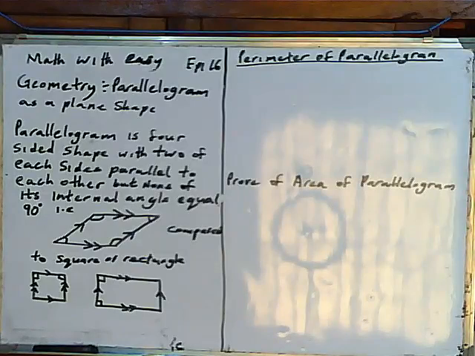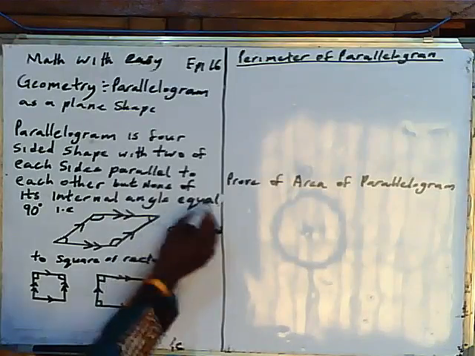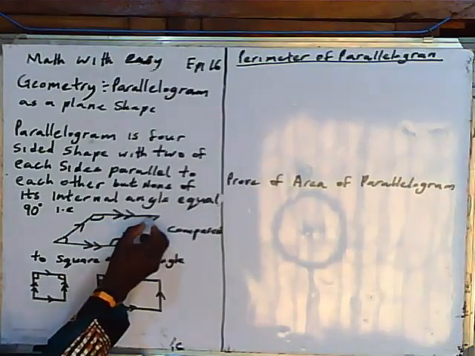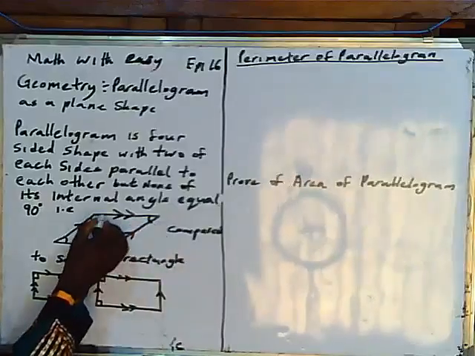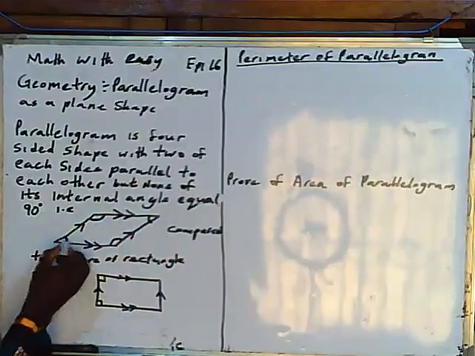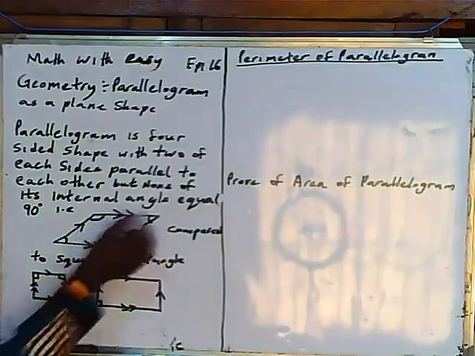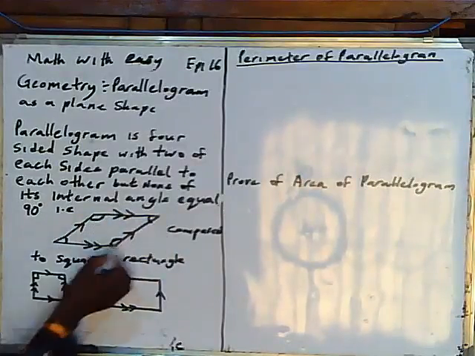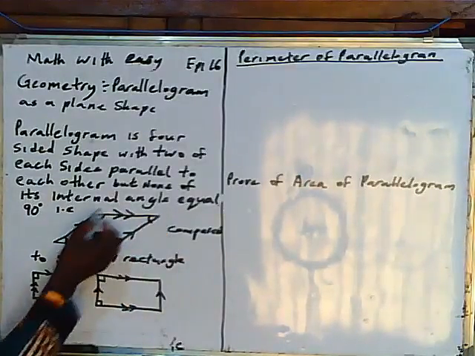A parallelogram is a four-sided shape with two pairs of sides parallel to each other, but none of its internal angles equals 90 degrees. So this side is parallel to this, while this is parallel to this.